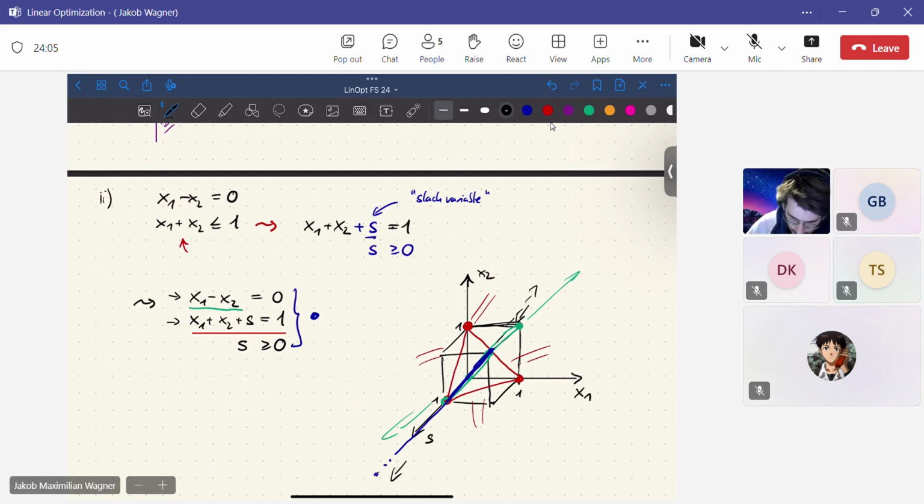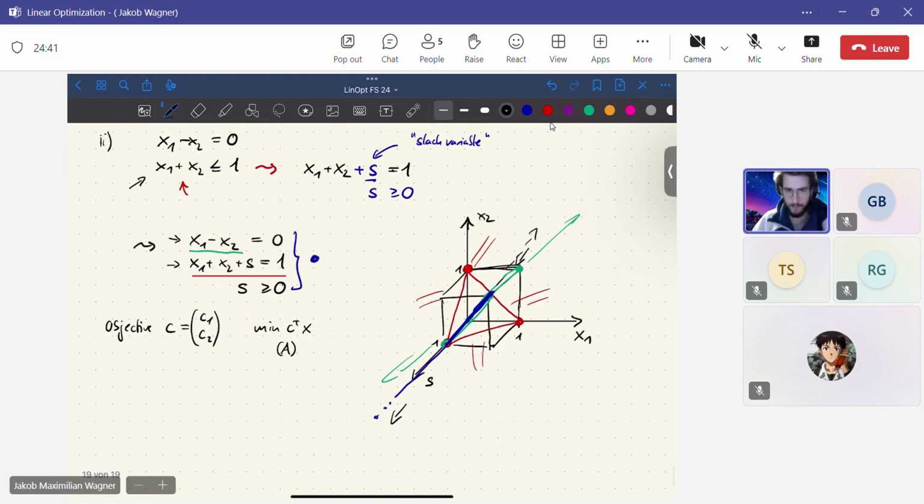And what we now still need to do is, so if we have a linear optimization problem that has this feasible set, then we have some objective vector C, which has entries C1 and C2, and we want to minimize C transpose X such that we have this A as our feasible set.